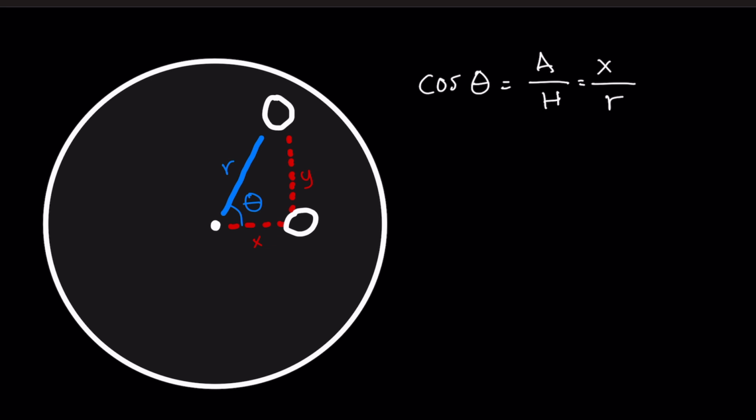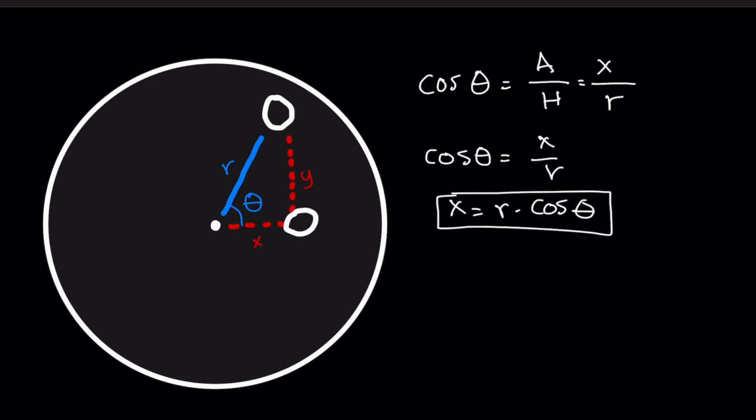So from this equation, we can convert it into x is equal to radius times cosine of theta. And this will be very important for deriving the equation.